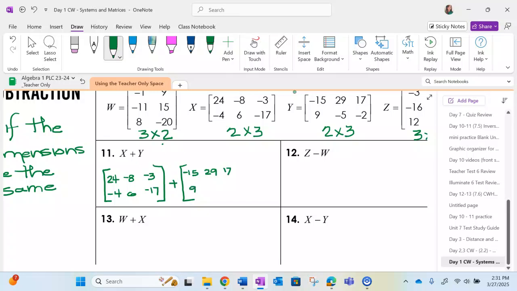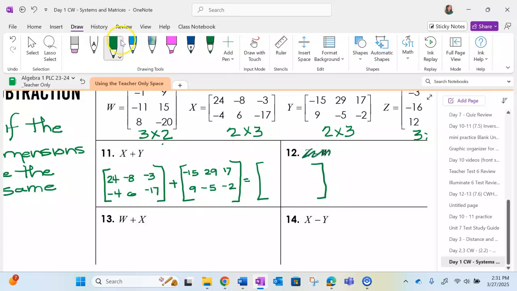And then it's 9, -5, and -2. And we are going to add these together, and it will also make a 2 by 3. And I'm going to have to come into this space. Okay, so we're not going to do this one.